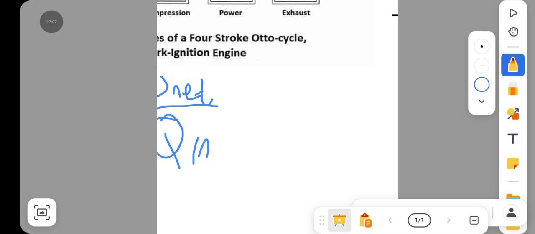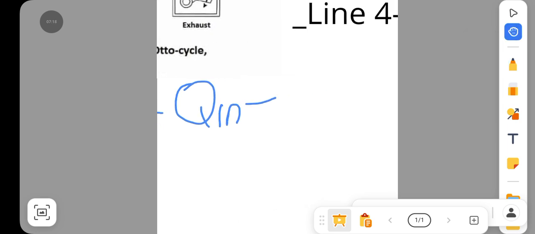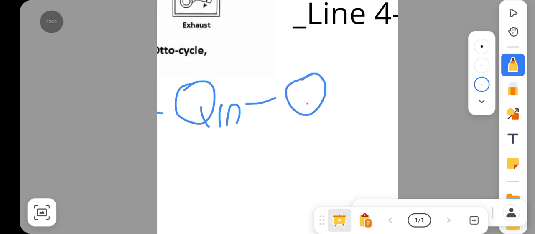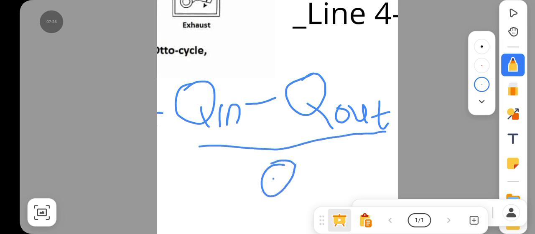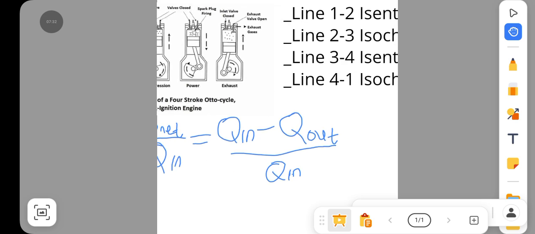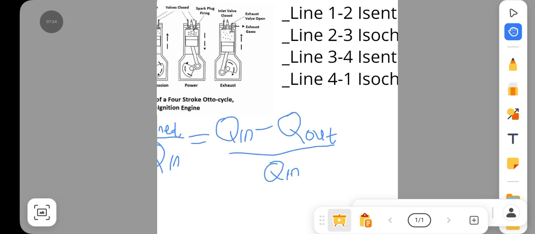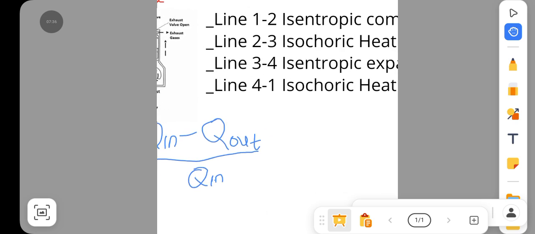So we can just say that this is equal to Q in minus Q out, divided by Q in. That is the formula.